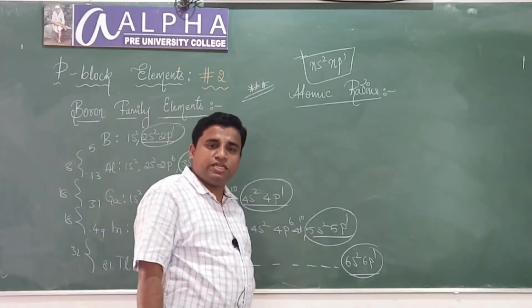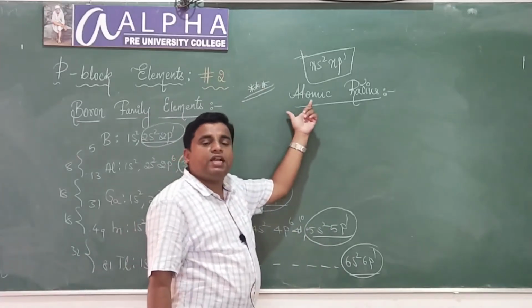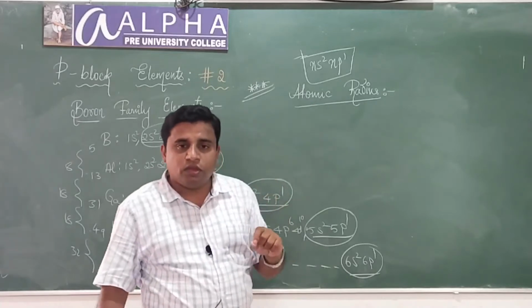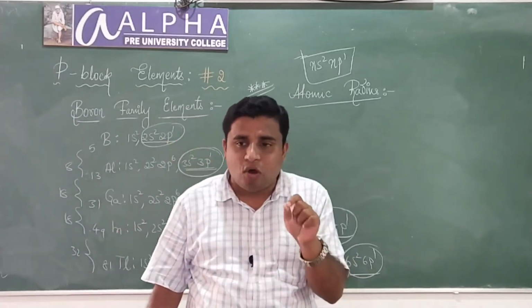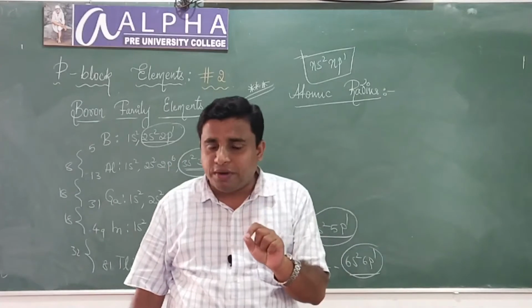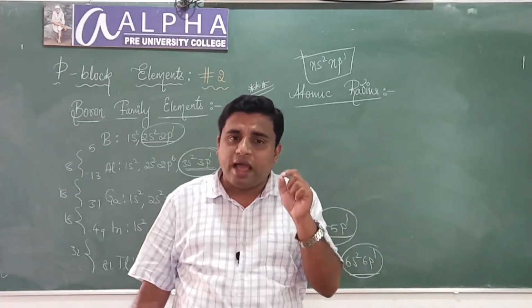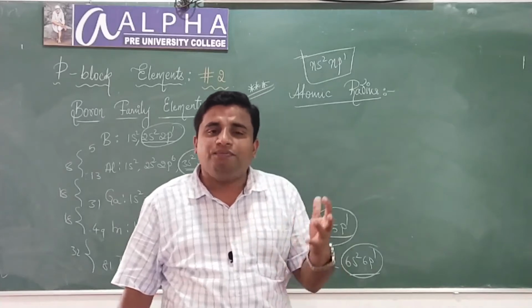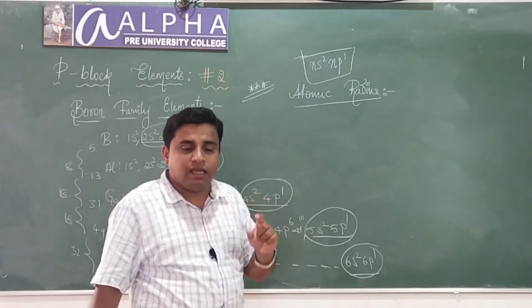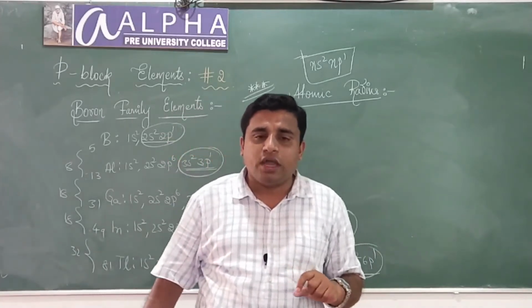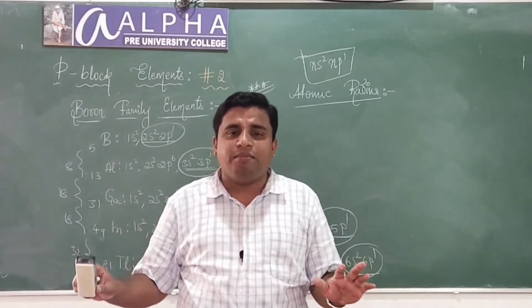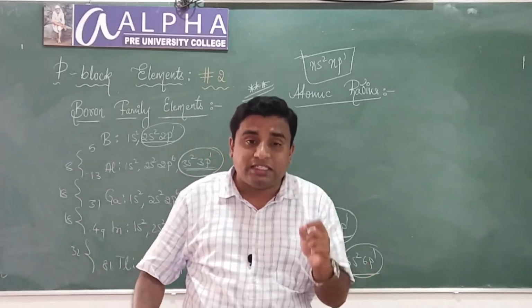Which are the next physical properties? That is the atomic radius. I told you, if you want to discuss the other physical properties of boron family elements, you should have a clear-cut idea about the electronic configuration. Understand this point: all the boron family elements are exception rich.